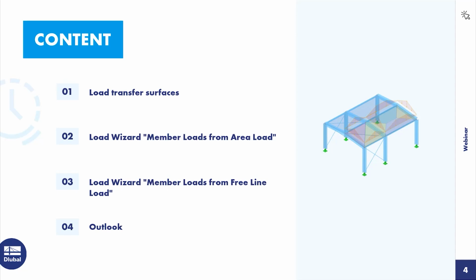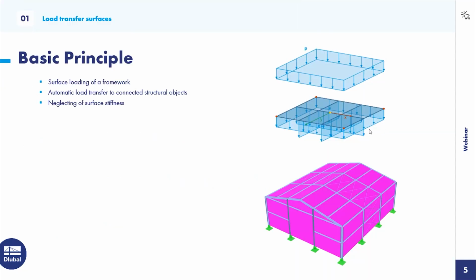Okay, with that, we can start with the first point, load transfer surfaces. Before we switch to RFEM 6, I have prepared one little page because I would like to give a small overview of the basic principle of load transfer and what is meant by that.